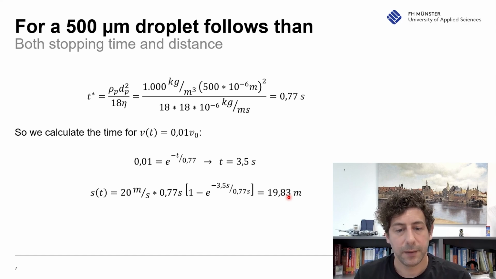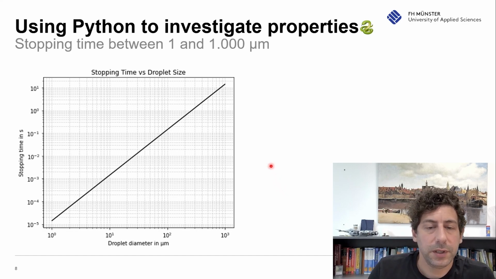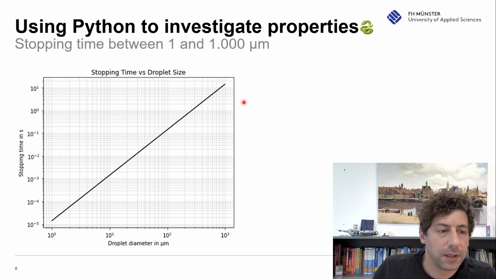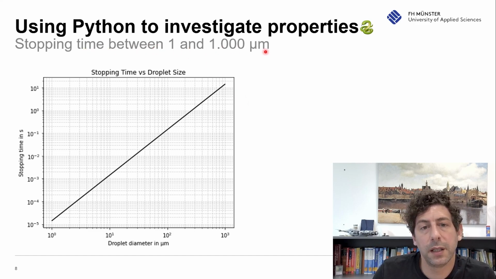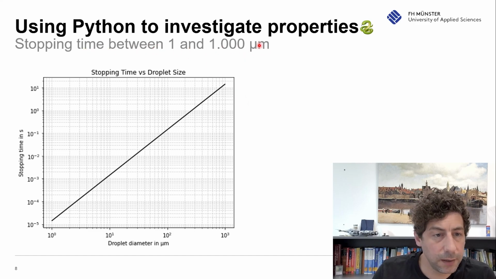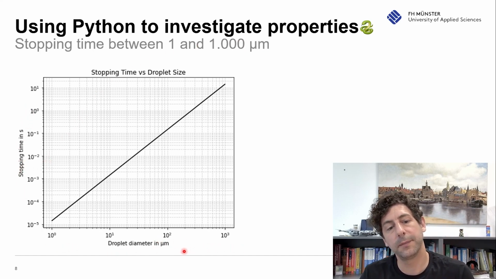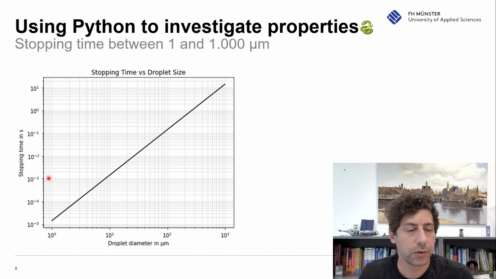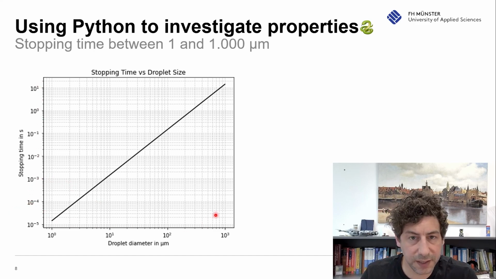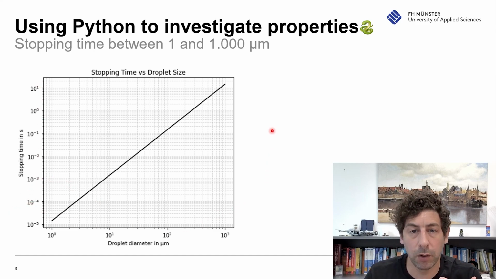And now we can play around a little bit with the numbers, and if you put everything into a Python code, we have the stopping time for droplet diameters between 1 and 1000 micrometer. So here's the stopping time, and here's the droplet diameter in micrometer, and you see the axes are log scaled, and this is because of the power law relation.